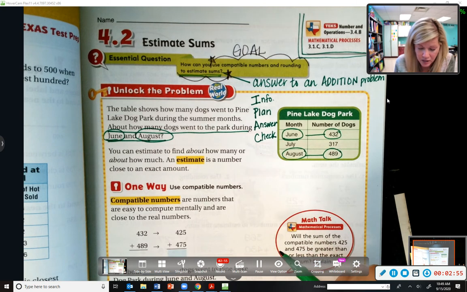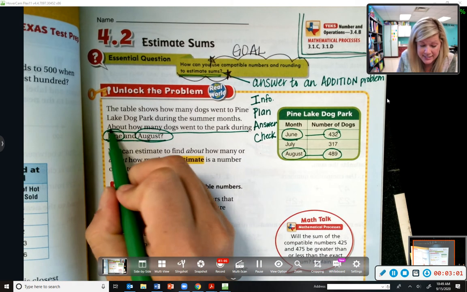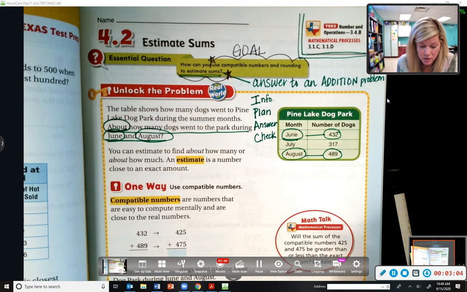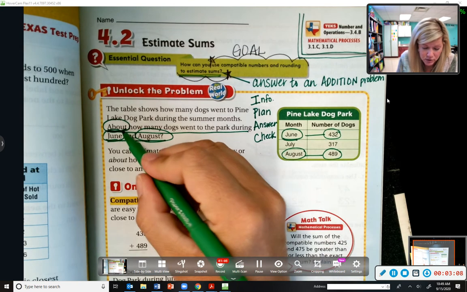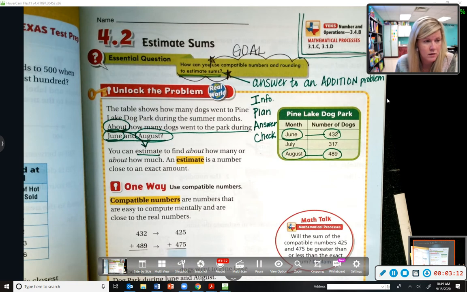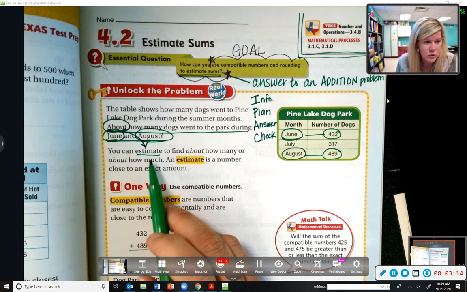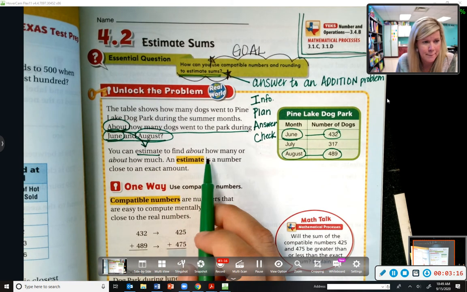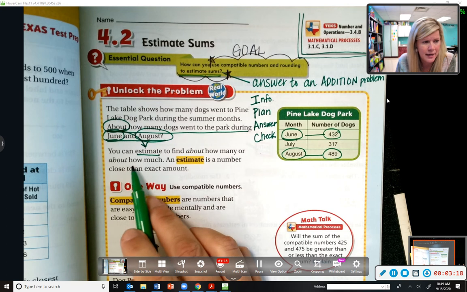Okay? Another important word that you will hear a lot for rounding and estimating word problems is about. So when you hear the word about, that means you're going to estimate. Okay? So you can estimate to find about how many or about how much.